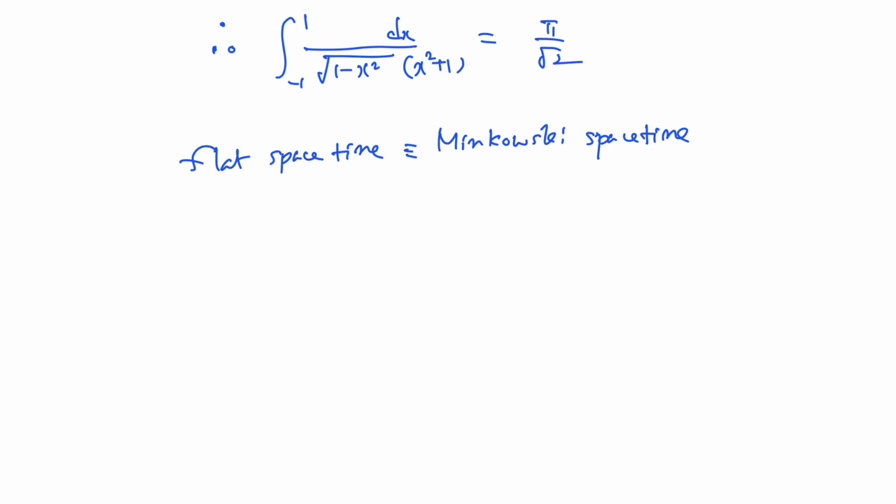The ratio between circumference and diameter is equal to pi, greater than pi, or less than pi, depending on the curvature of the space-time. And we are living in a space-time where this ratio is exactly pi.